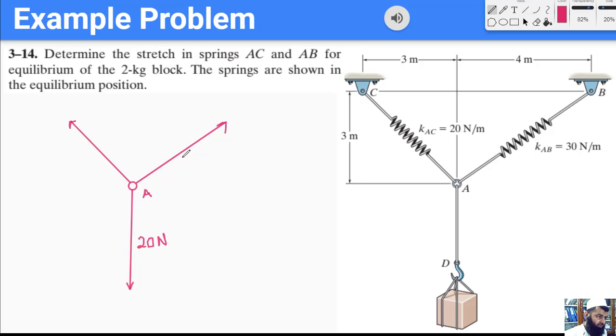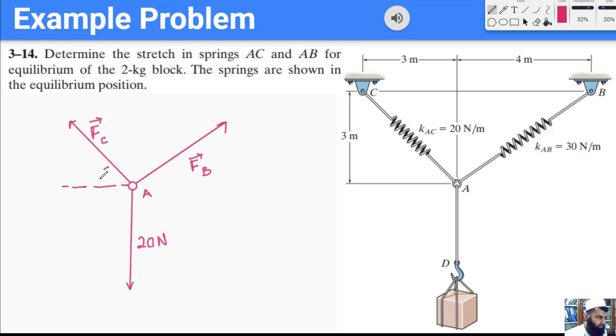So next is this force, and because this point is B, let me just call it FB, and this force we can call FC. Okay, so now we have drawn all three forces, and now we would like to draw some angles also.